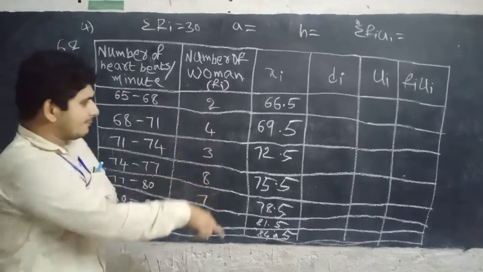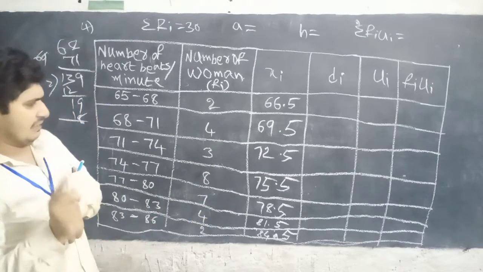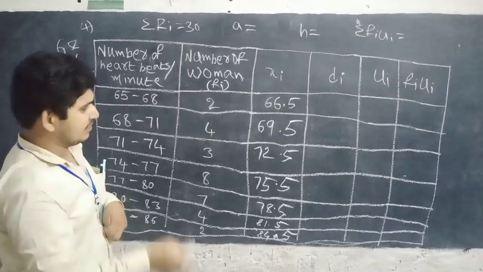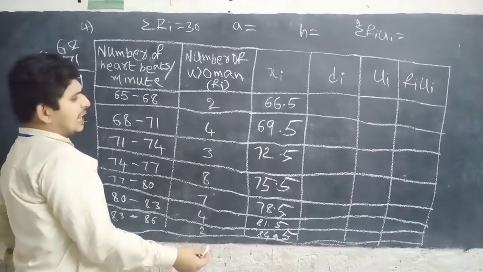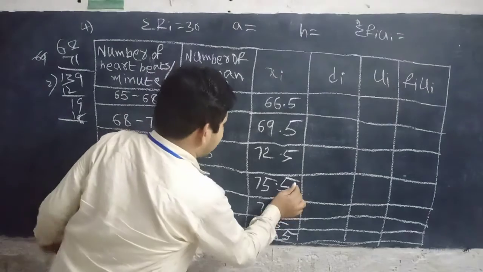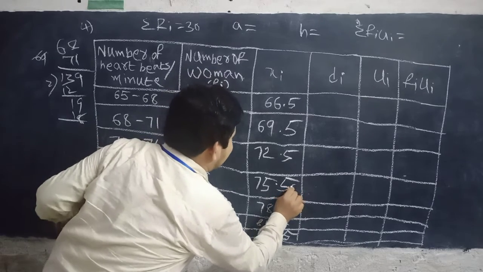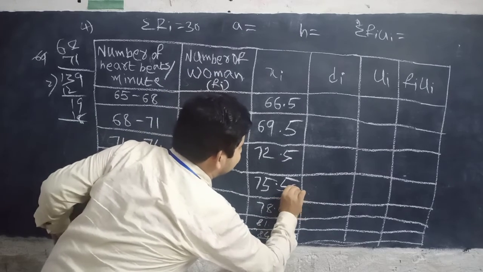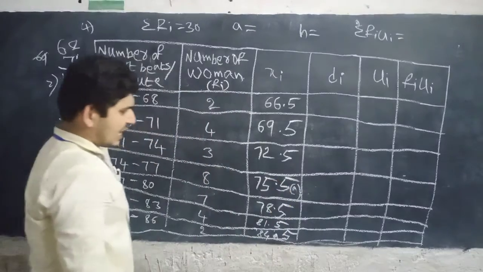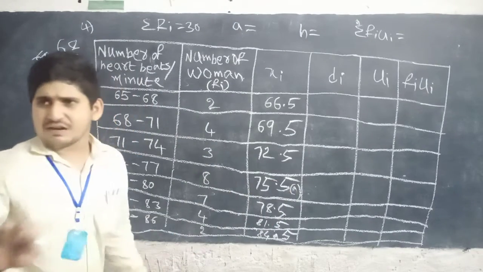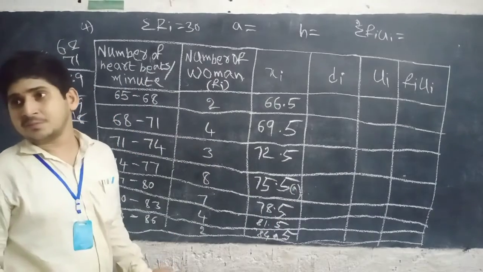Now in this, I am assuming 75.5 as the assumed value, which means A equals 75.5.